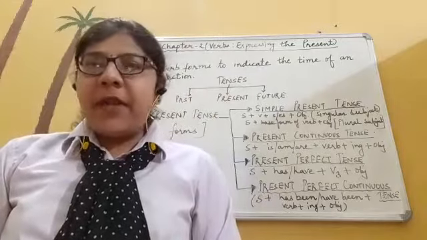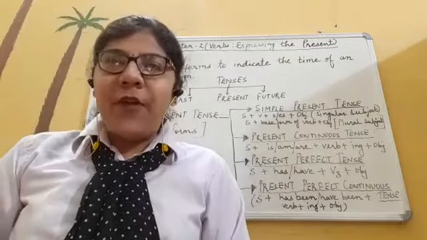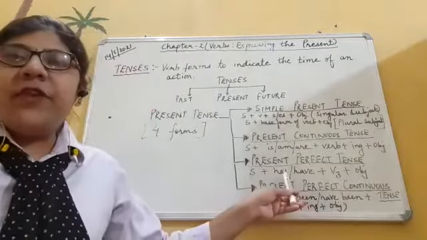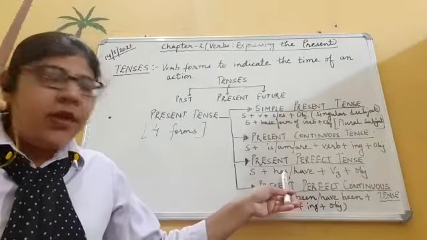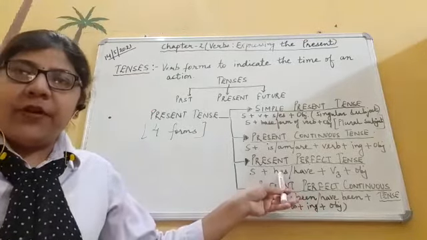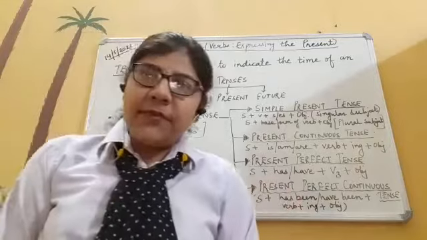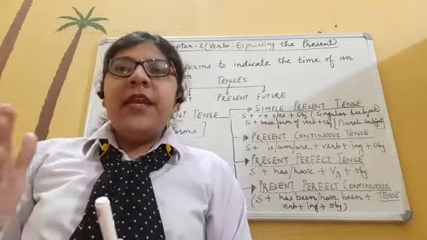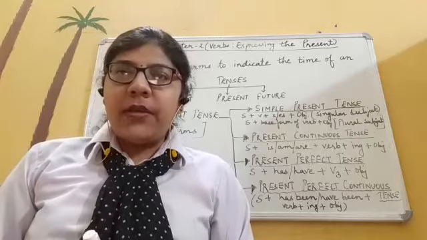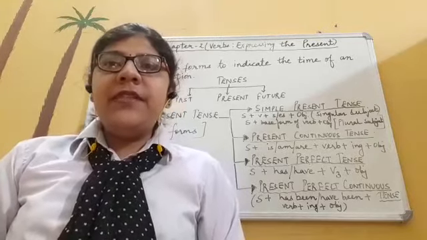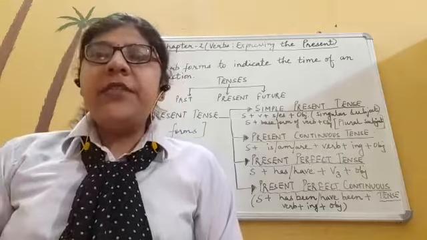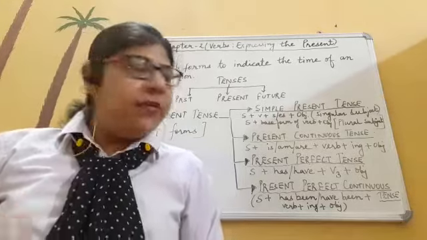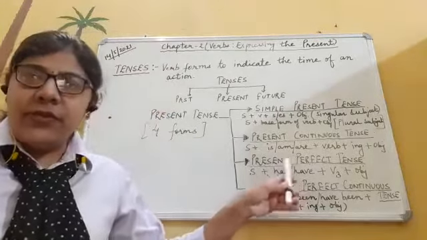Now this is something very important. With singular subject you need to use the helping verb has, and with plural subject you need to use the helping verb have. Like if I say he has done his work. Similarly we will say they have completed their work. So you need to remember when to use has and when to use have.